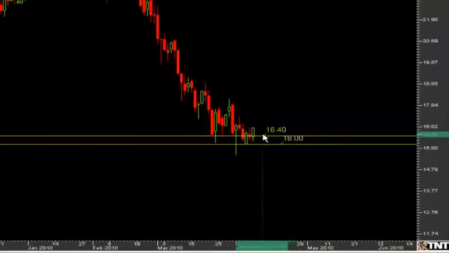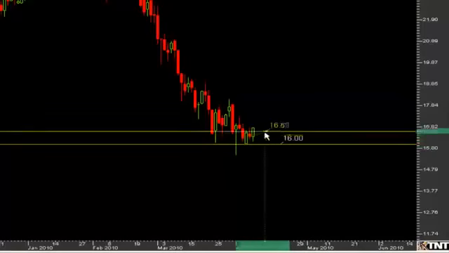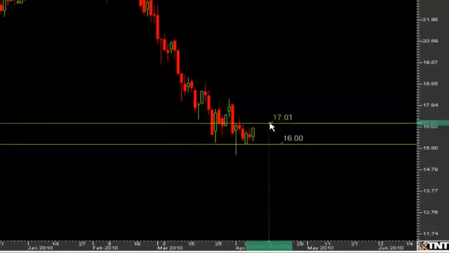Now, the upshot to prediction mode and using limit orders is, as you can see, our risk is a lot smaller. Here we're only risking 40 cents, whereas if we're looking to enter at 1701, we're risking just over 100 to get into this trade. So that makes a big difference.